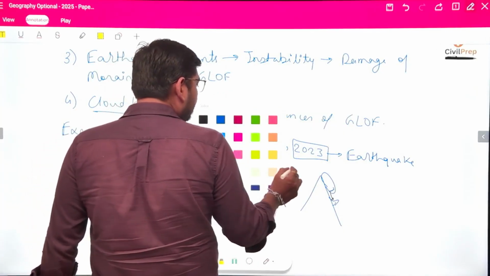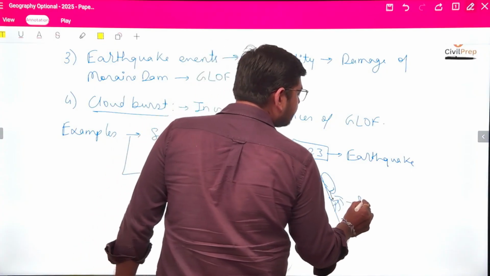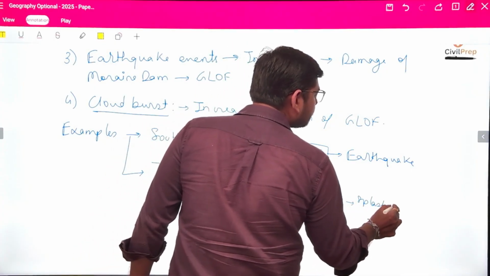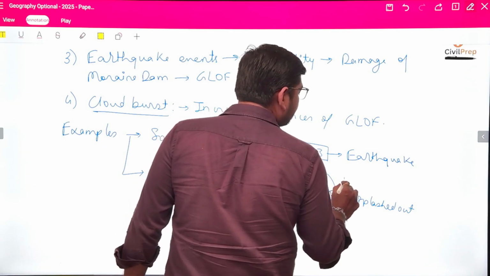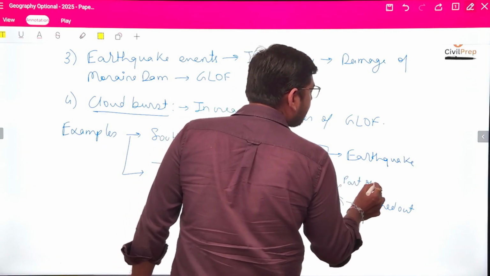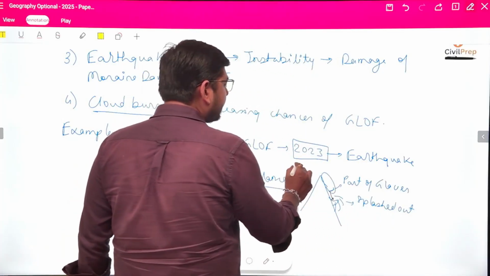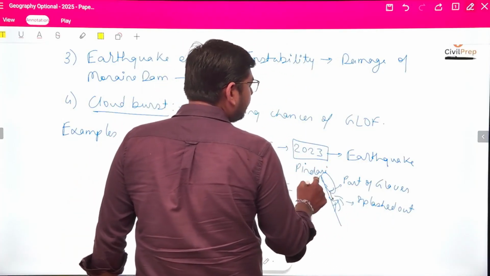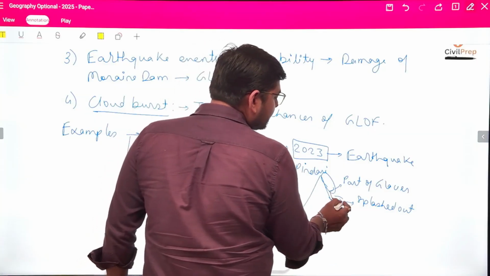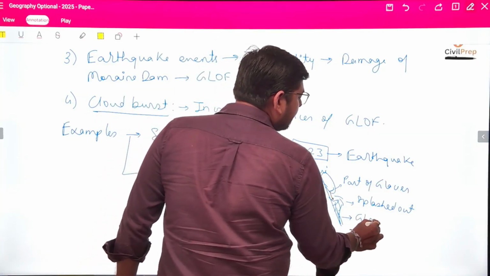So the water which was present there splashed out. I think this was the Pindari Glacier, a part of Pindari Glacier. The water splashed out and moved as a GLOF event.